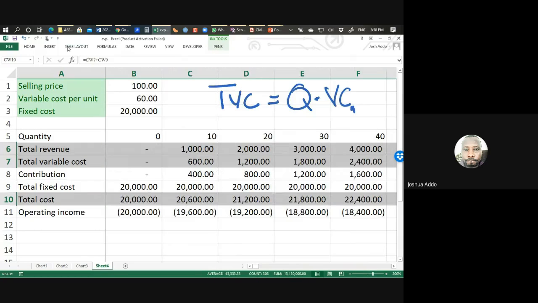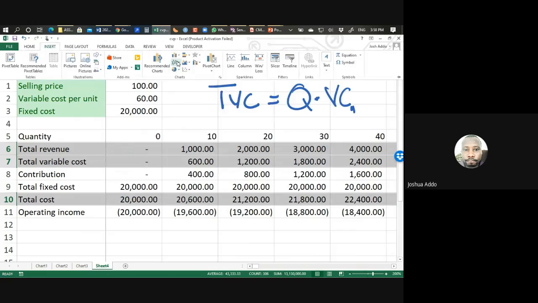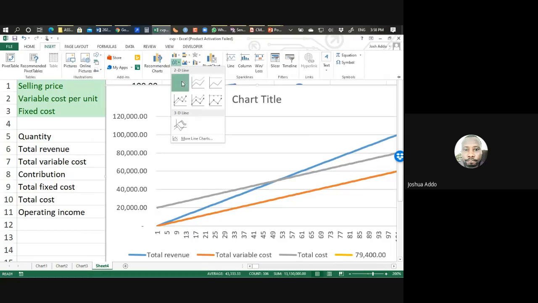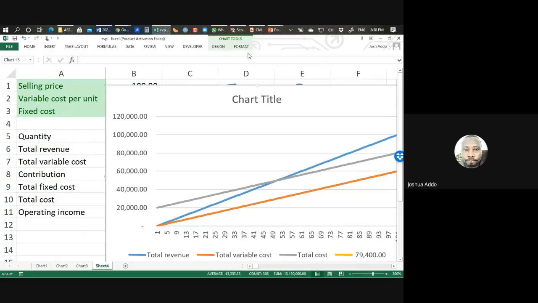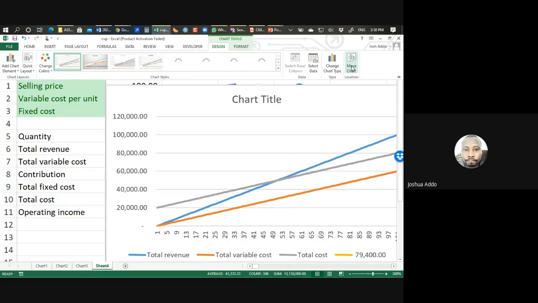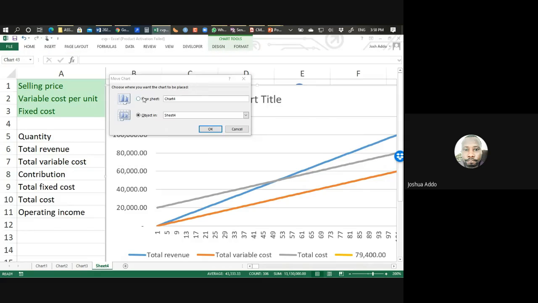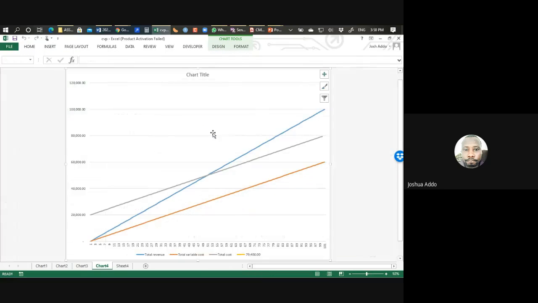Okay, so now let's insert a line chart based on the selection. Right, so let me put this in its own chart sheet. Okay, so this is the picture. This is the new graph. And let's read the legend.